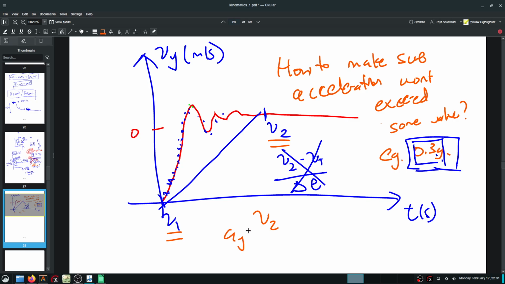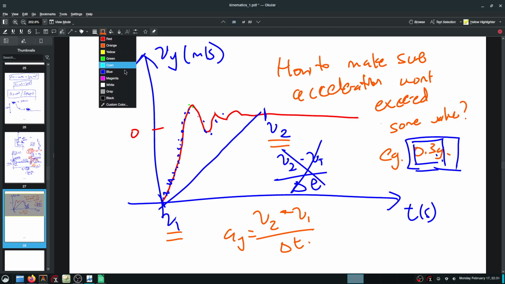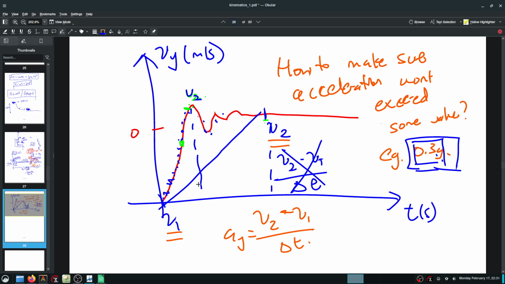The gradient technique is not going to cut it, but we can use a similar approach to just now. Let's say I want to find the acceleration here. Maybe instead of v2 being here, I can say v2 is here. This is the first delta t, but I don't want it so big.